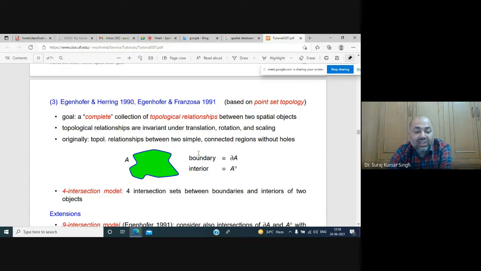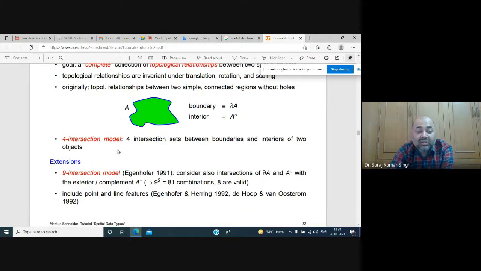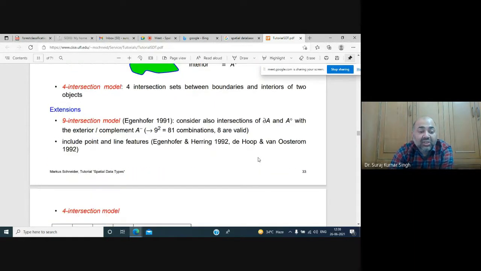Originally, topological relationships between two simple connected regions without holes. This is a boundary and an interior. Then four-intersection models, like four intersection sets between boundaries and interiors of two objects. The extension, the nine-intersection model, considers all intersections with exterior and complement, and includes point and line features.